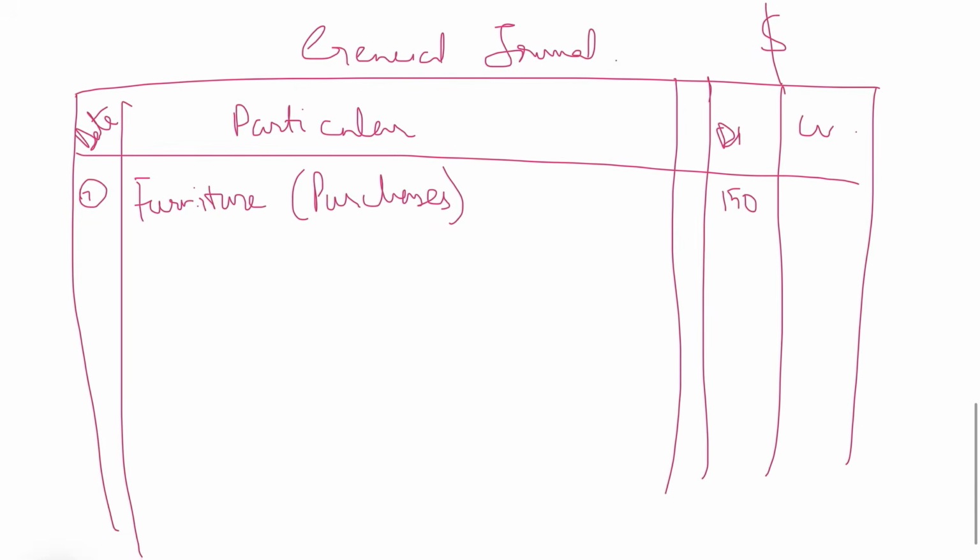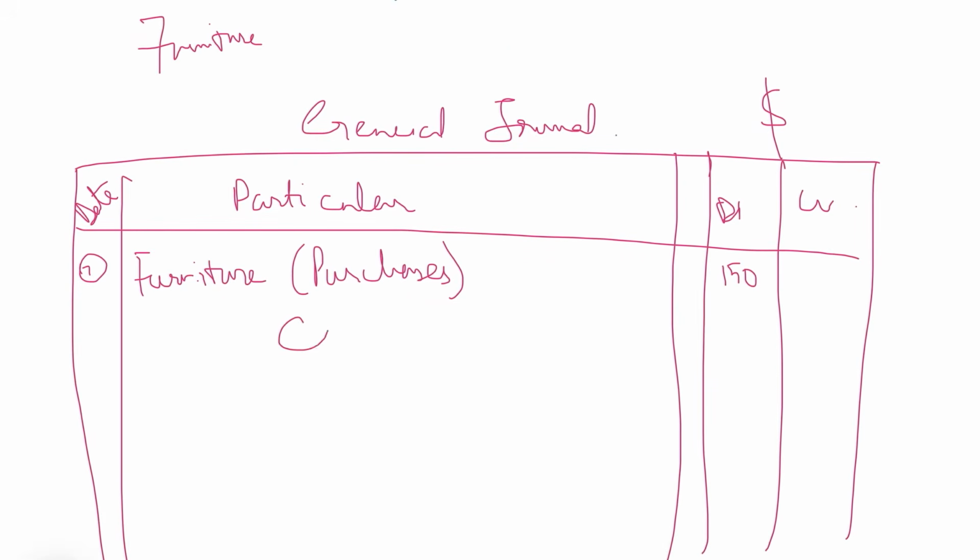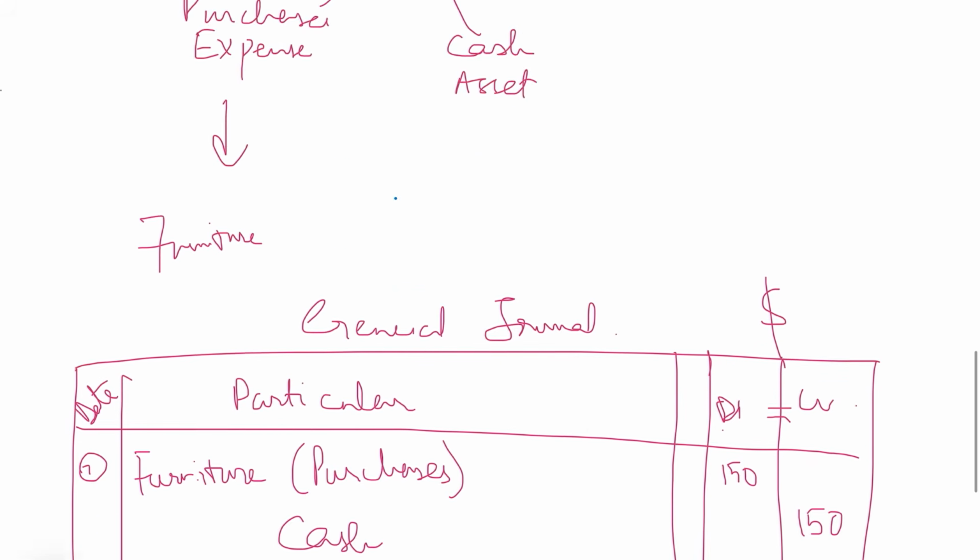Something is going out from our business, and that is cash, and that is an asset. So whenever the asset decreases, it is shown on the credit side. So we can see that our debits are equal to the credits, and that is all about the duality concept.